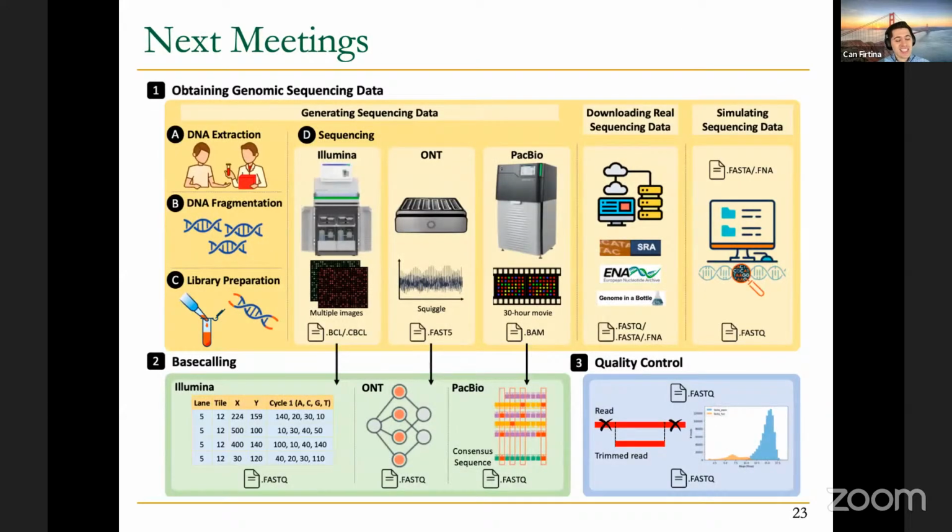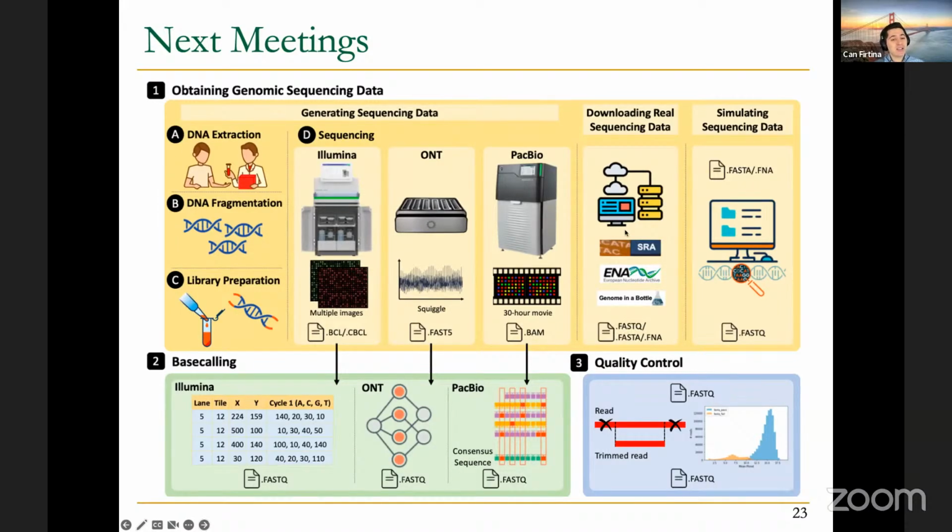So in our next meetings, the lectures next week, we're going to be covering the entire genome analysis pipeline, starting from, as I said, the sequencing part down to the analysis part. For example, how we generate the data by preparing the DNA sample and putting the sample into a DNA sequencing machine, which reads your DNA and then generates the output as ATGCs, the nucleotides of your DNA molecule.